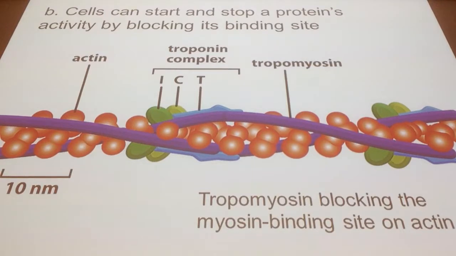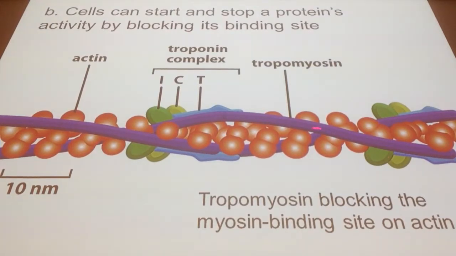Regulate protein function by blocking the binding sites. In this specific example, we're looking at a protein in the form of a polymer. Polymerization would induce function, but the polymer's function can be inhibited by blocking the binding sites. So in terms of contraction, tropomyosin is that binding site blocking protein.